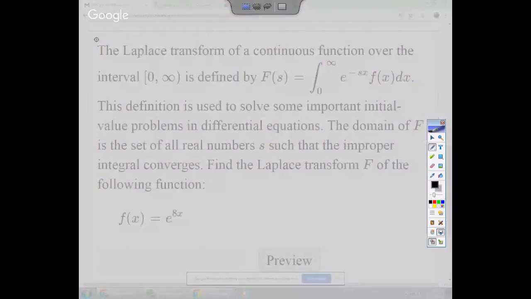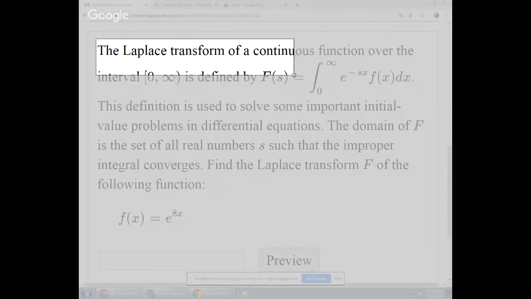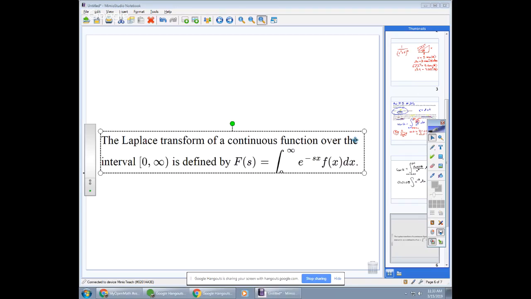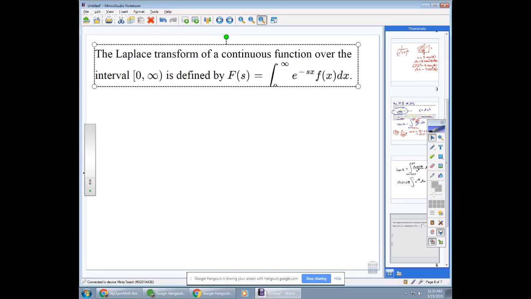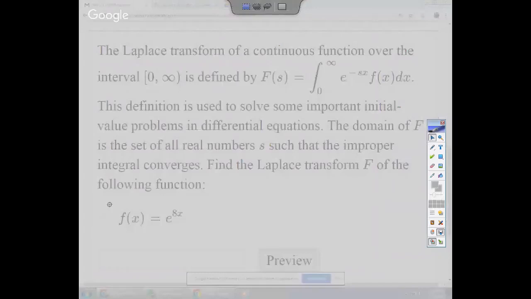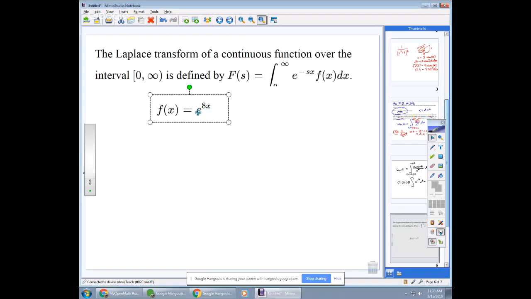I'm going to copy, let's see, I only need this top line and then that last line. Okay, let's do it. Let's do it in blue today. Here I'm told let f of x be e to the 8x, so I just plug in.